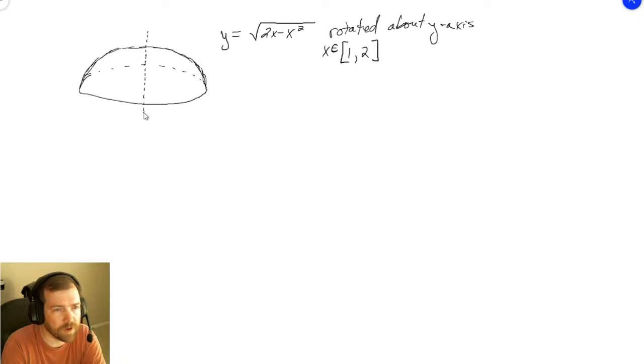So whereas we have our y-axis here, this is x equals 0. We have x equals 2 over here, and x equals 1 here.